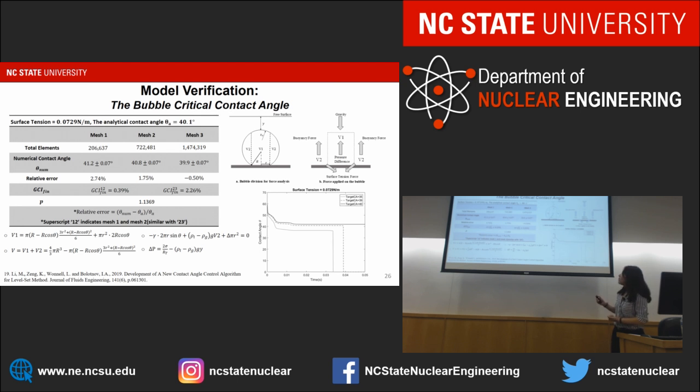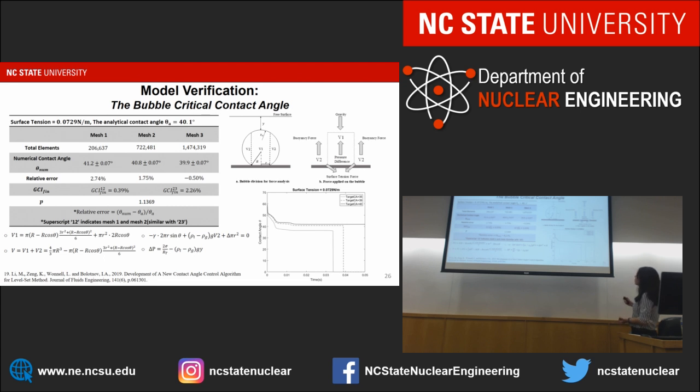For this specific example, the analytical critical contact angle is 41, and then we simulate this. We simulate these bubbles using FASTA, and try to control the contact angle using the model we just implemented. These are the three values we try: 35, 40, and 39.